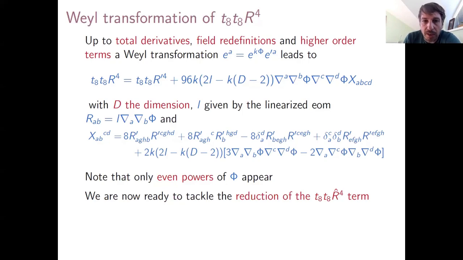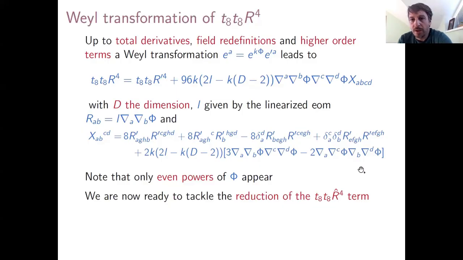The important point here is that if I just did the Weyl rescaling, I would find terms that are linear in the dilaton, quadratic, cubic, and so on. But here I've managed to simplify it so that there are only even powers of the dilaton appearing, because there's phi squared here, and this X either is R squared or phi squared.